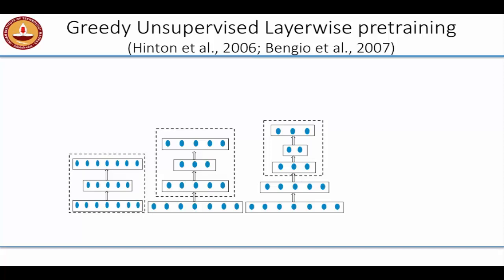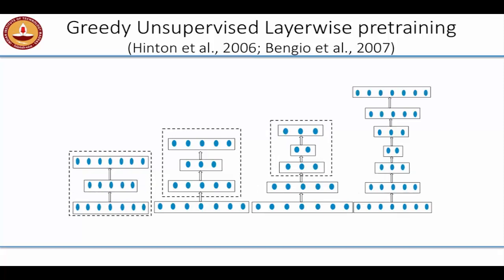So why do we call this pre-training? So far I have not talked about any kind of classification task that you are performing. You're just trying to find features in the input space. Once I have found these features, I can tack on top of them another neural network, and now I have my full-fledged deep autoencoder, and this hidden layer representation can be used as an input to any learning task.